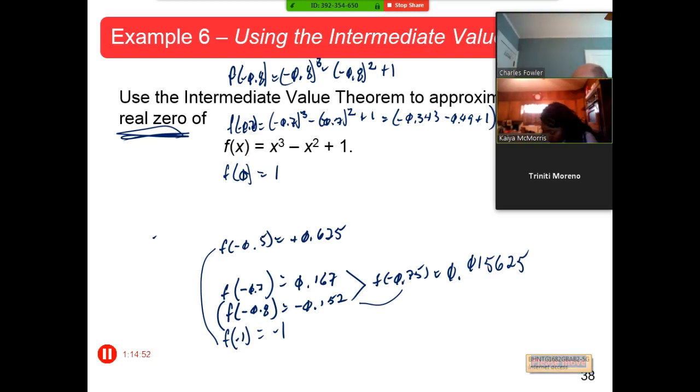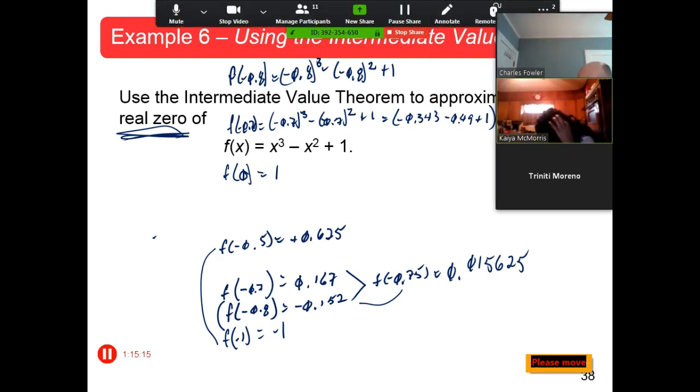Very bottom of the page, repeated zeros. And that first line under repeated zeros says it. A factor x minus a raised to the kth power when k is greater than 1 yields a blank blank repeated 0 x equal a of blank k, multiplicity k.